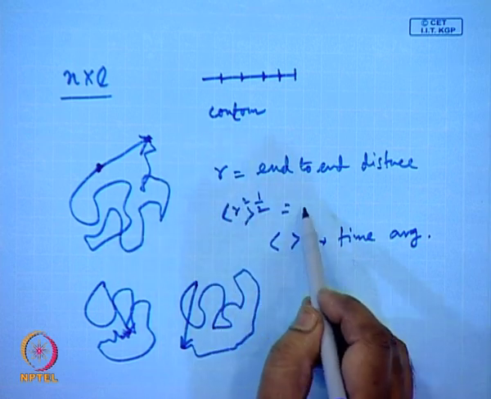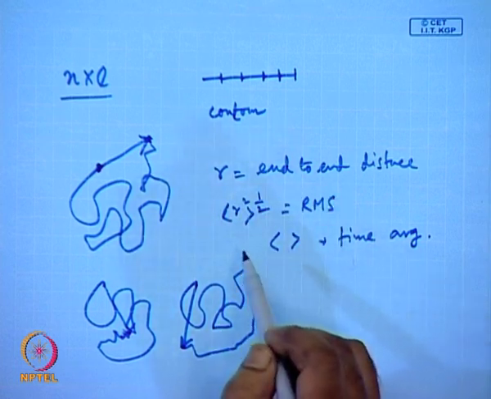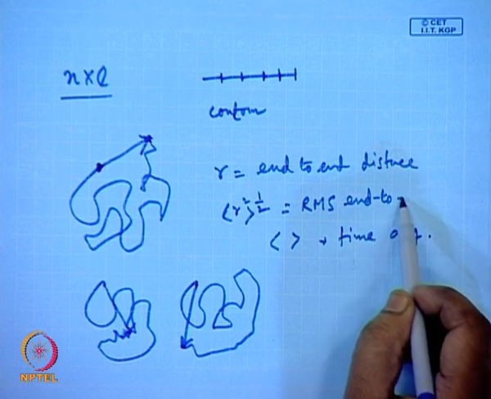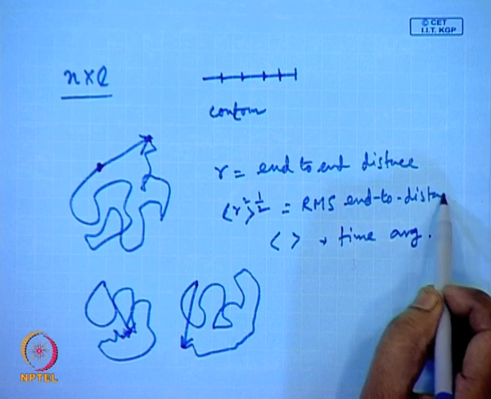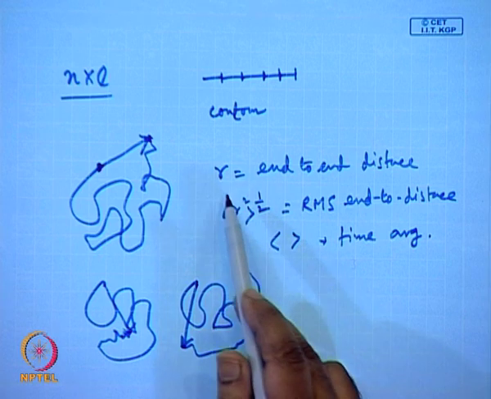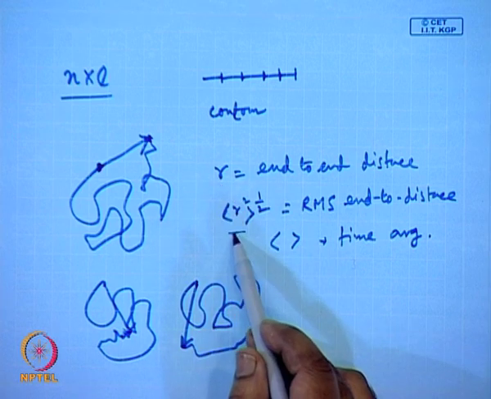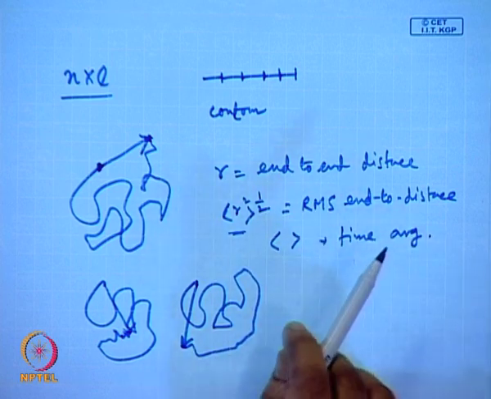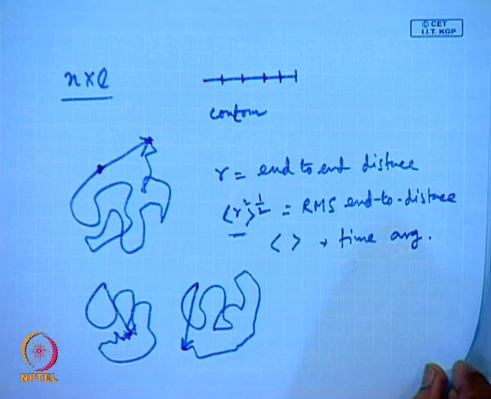That is the root mean square end to end distance. Because the polymer chain is always changing its conformation, you cannot write a fixed R; you have to write a statistical parameter, which is given by the root mean square end to end distance.